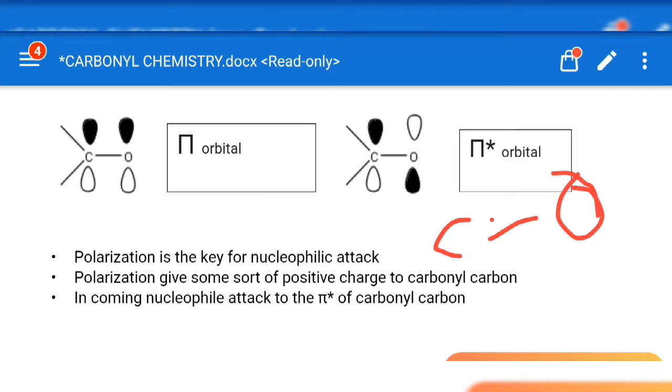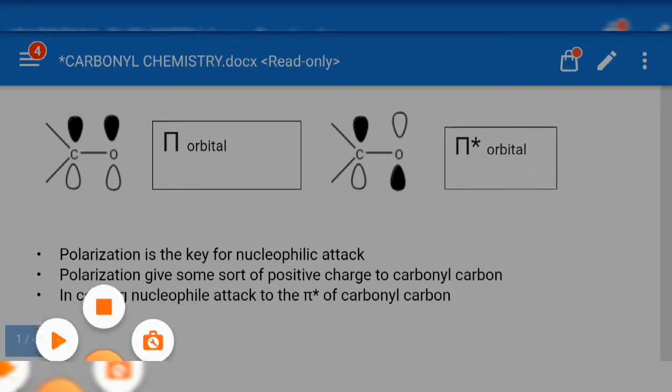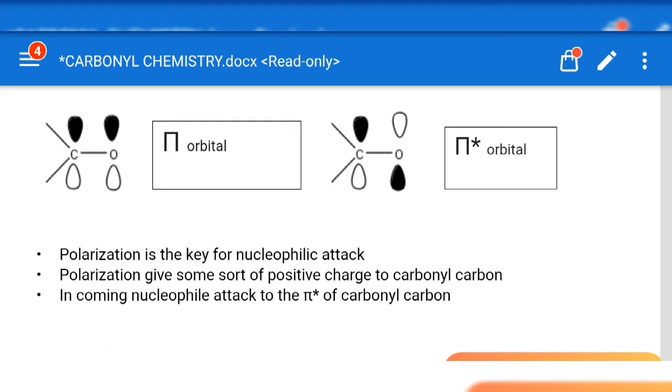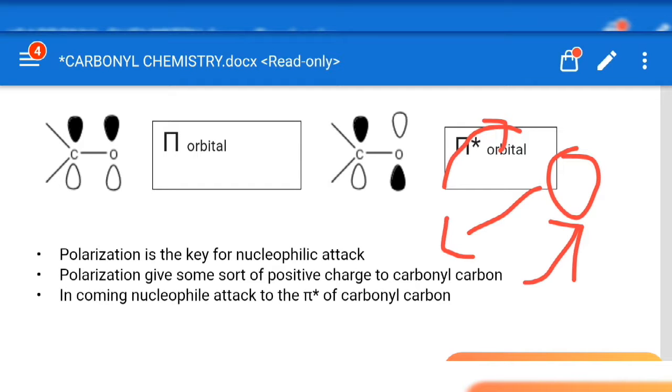So oxygen pulls the bonding electrons towards itself, and a delta positive charge is generated on carbon. Polarization is the key step for nucleophilic attack.